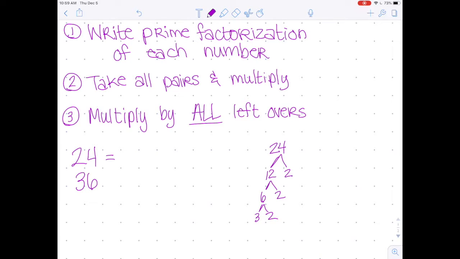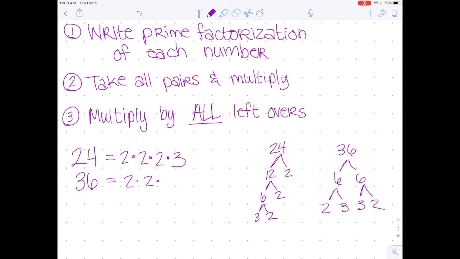So the prime factorization of 24 is 2 times 2 times 2 times 3. 36 is 6 and 6, and 6 is 2 and 3. So 36 is 2 times 2 times 3 times 3.